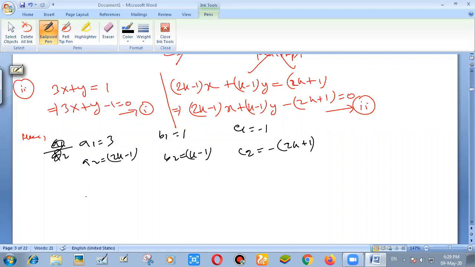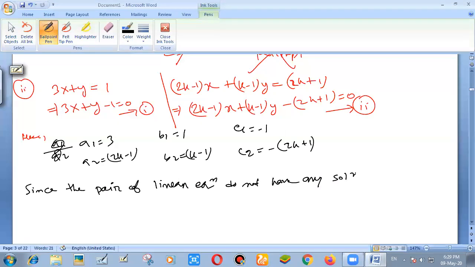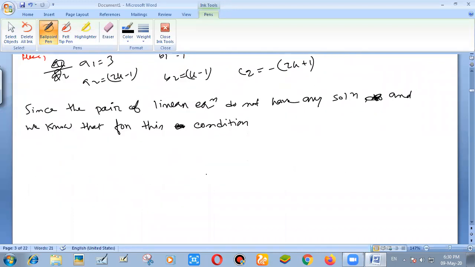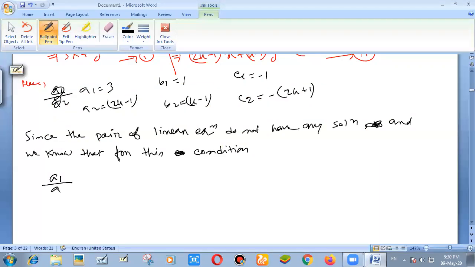Write down: since the pair of linear equations do not have any solution, we know that for this condition a1 by a2 equal to b1 by b2 does not equal to c1 by c2.